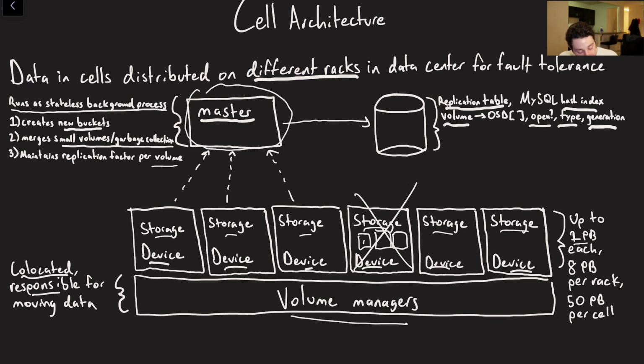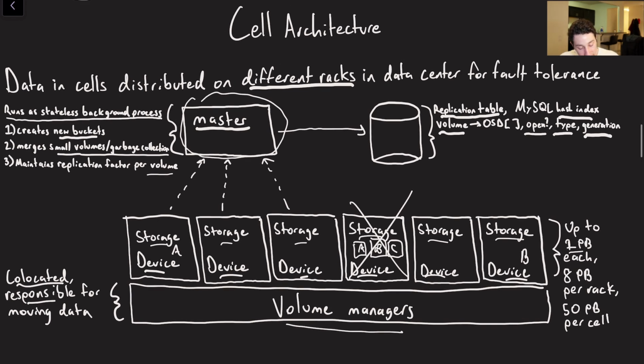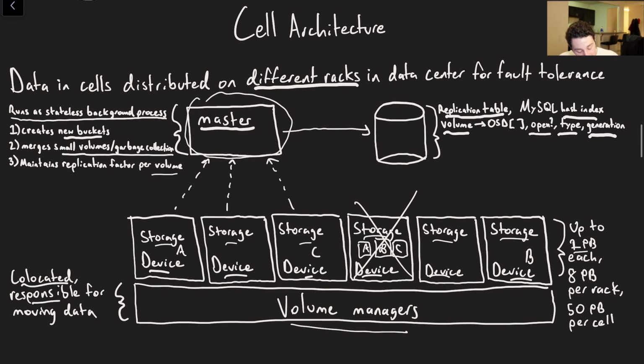And then it's going to say, okay, I've got A, B, and C on these devices right here. I now need to distribute them elsewhere. So maybe we've got A on this device, B on this device, and C on this device over here. It's going to say, okay, now I need you to copy these to one more node each to ensure that we maintain our desired level of replication.